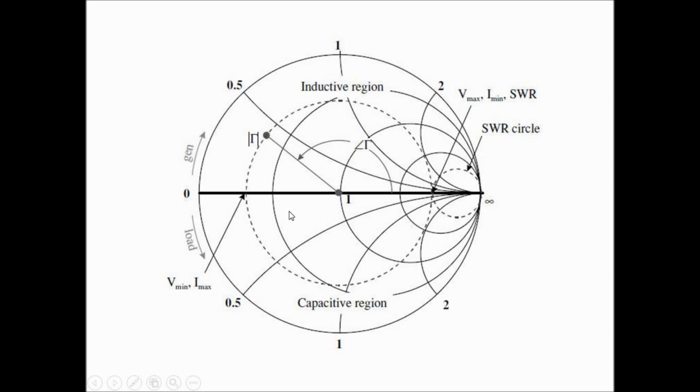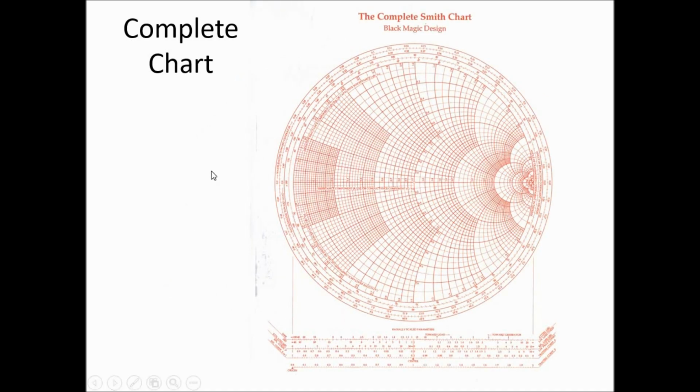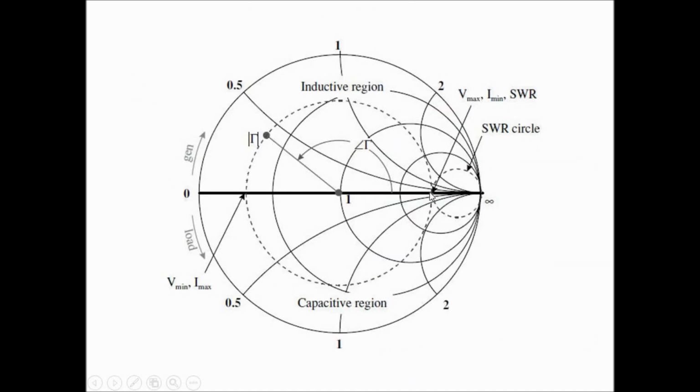Once you draw this circle, at the point where the circle crosses the real axis, you see the V maximum at this point, or current will be minimum, and you can also find the SWR value from there.